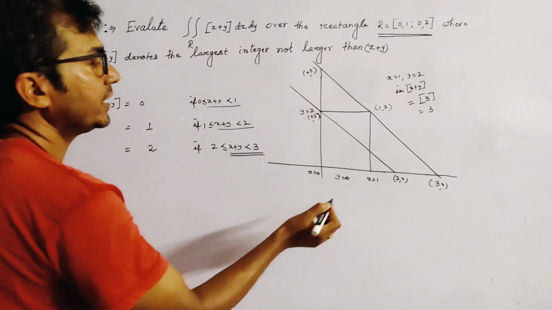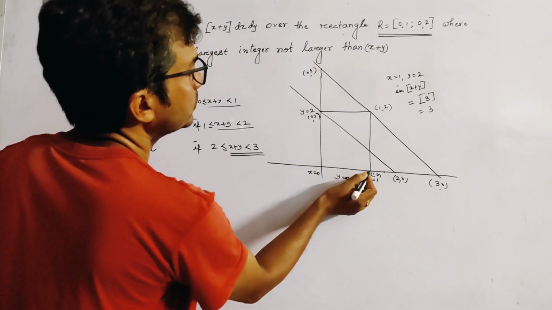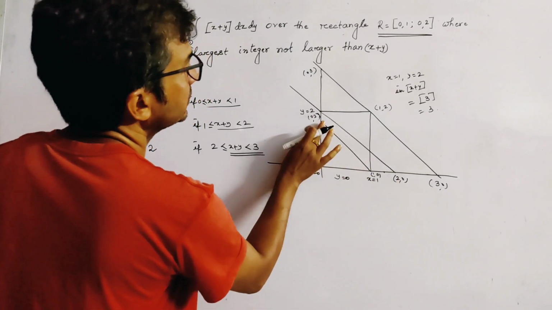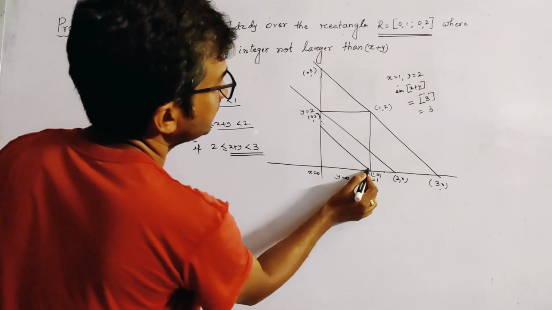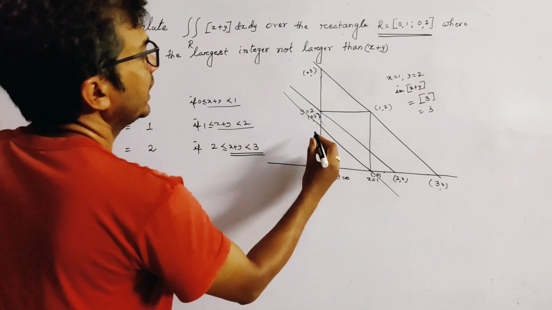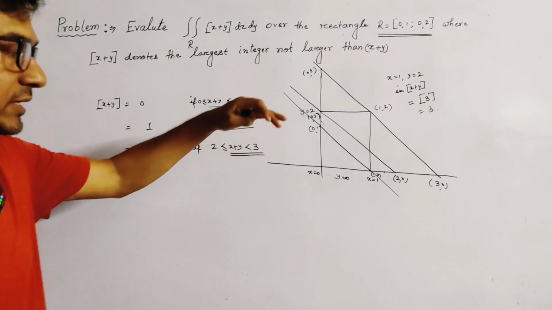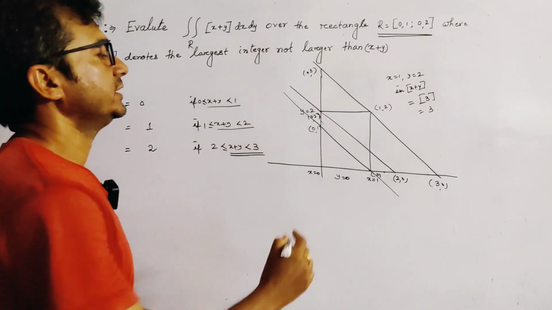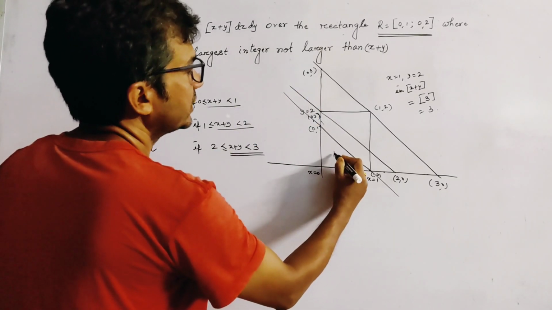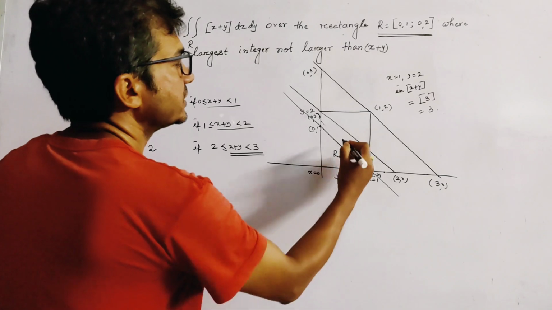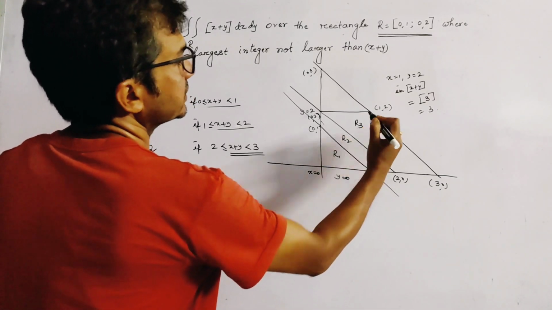And the first line passes through (1, 0) and (0, 1). These 3 lines are parallel. Okay, we divide the whole range, that is R, into 3 regions. The first region is triangular, this is R1. The second region is R2, and the third region is R3.